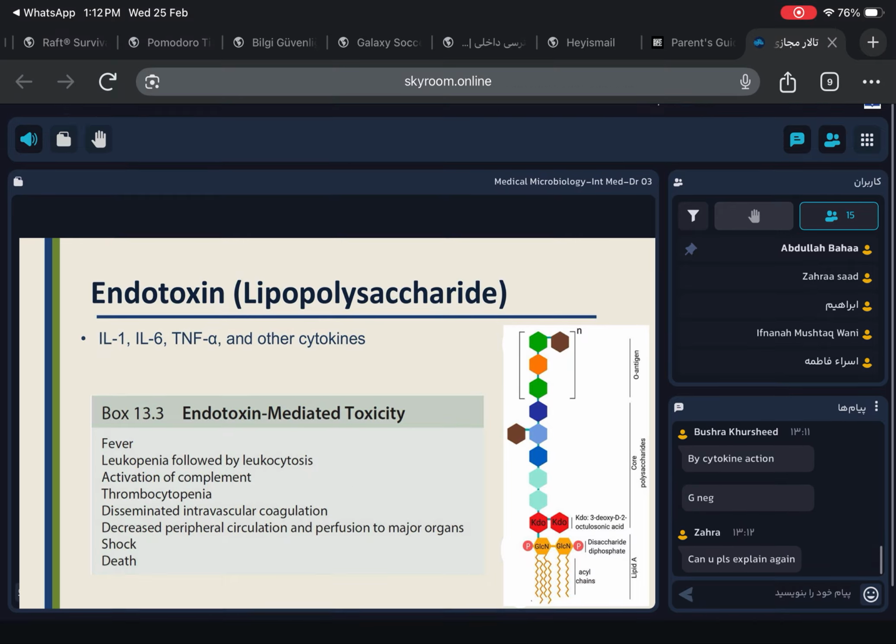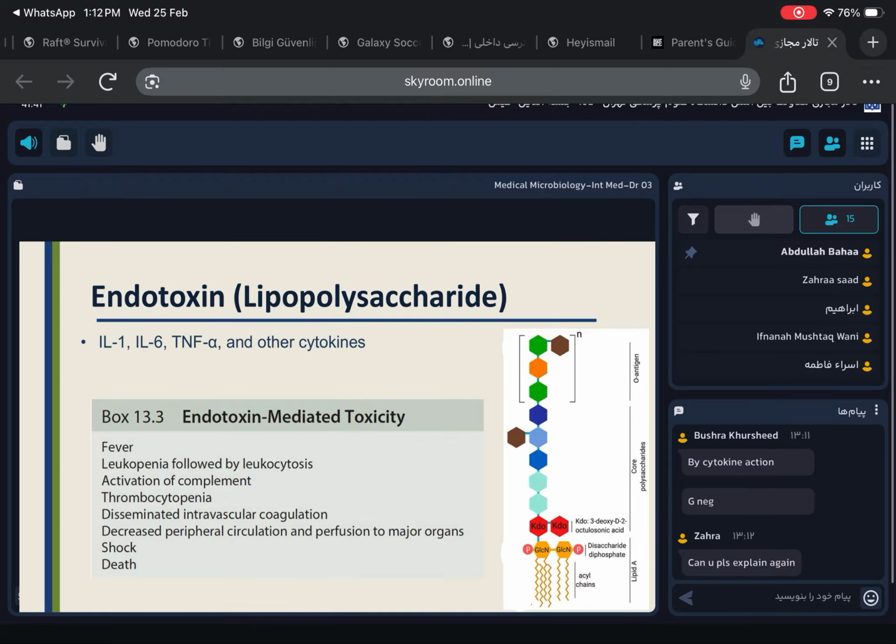And when gram-negative bacteria are growing inside the body, it is possible that parts of their cell wall get released into the body.